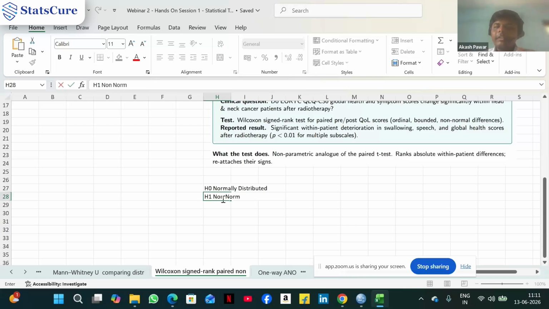Because the null, why we have taken normal distributed, because in ideal situation we consider that data has to be normal in real life, right? So here null is always your normal distributed, and hence when the p-value is more than 0.05, we conclude data is normally distributed.